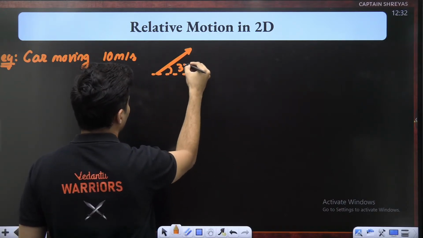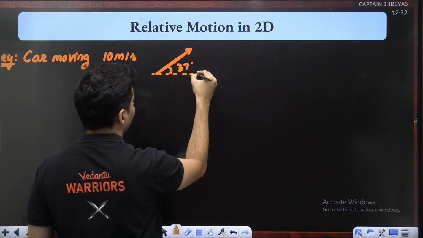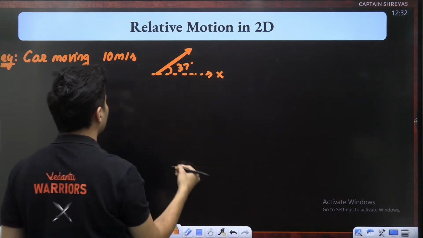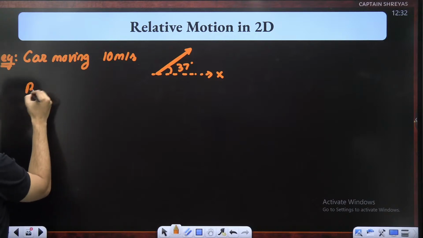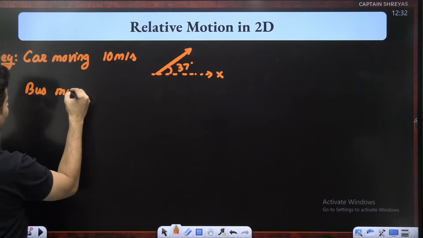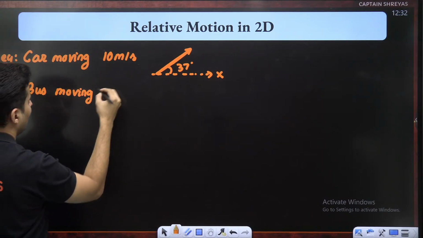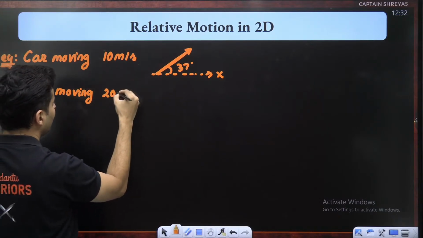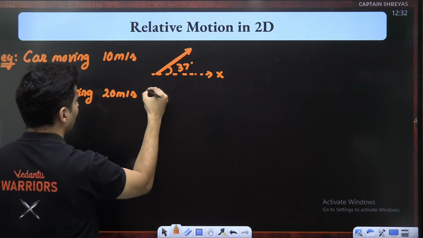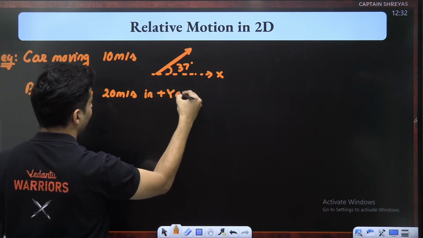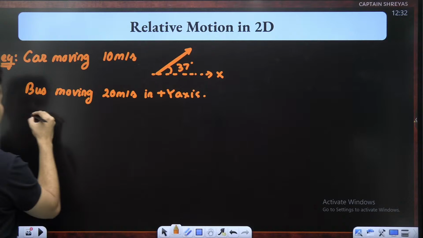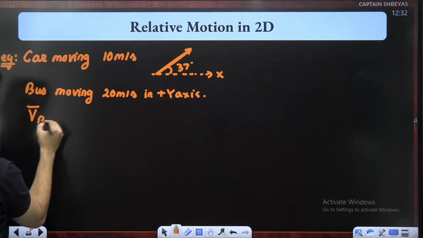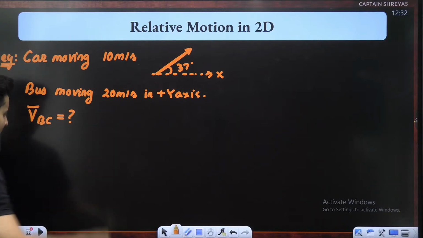This is making 37 degrees with our x-axis like this. And there is a bus which is moving with a speed of, say, for example, 20 meters per second in the positive direction of the y-axis. Question will be, find the velocity of the bus with respect to the car. This is the question.